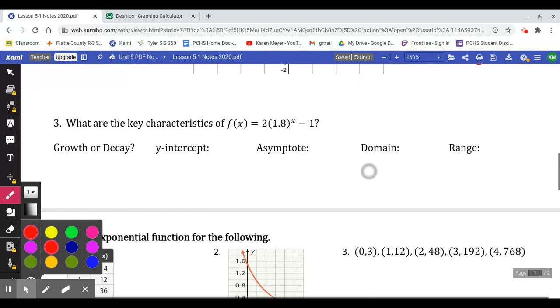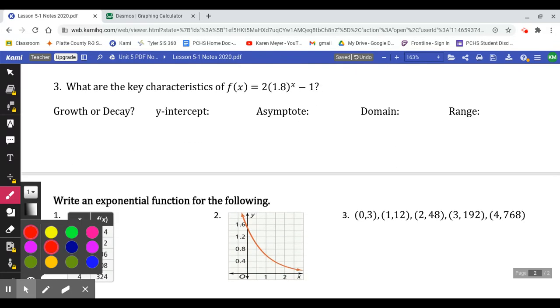Okay, third one. Let's see if we can answer these questions without having a picture. So for growth or decay, we need to look at the B. So remember, the B is the part that has X attached to it. So my B is 1.8, which is larger than 1, so it's growth. Y-intercept. Now, on the y-intercept of this one, I have to do a little bit of calculation.